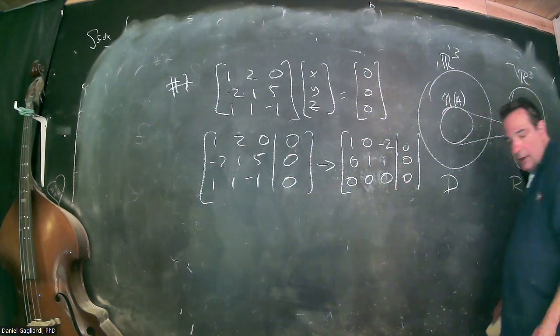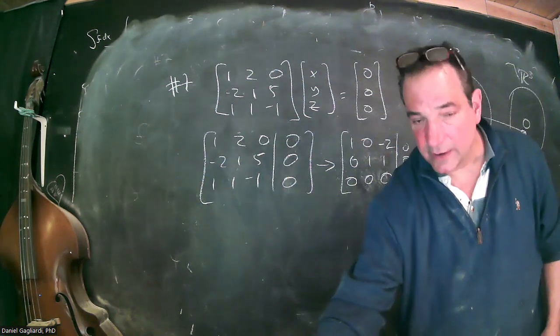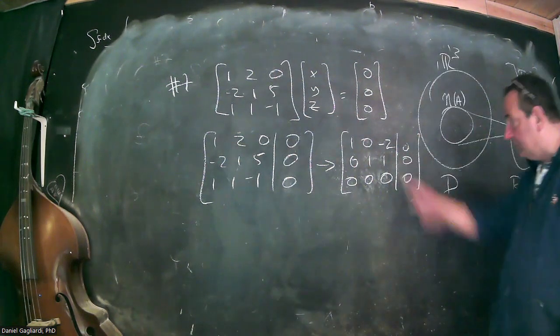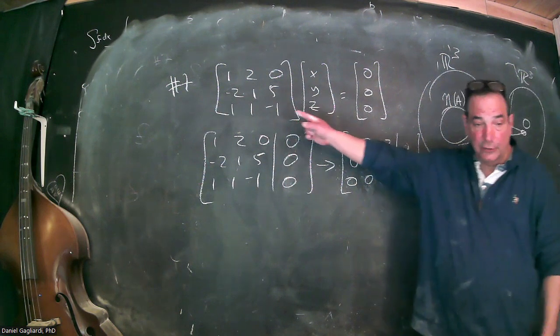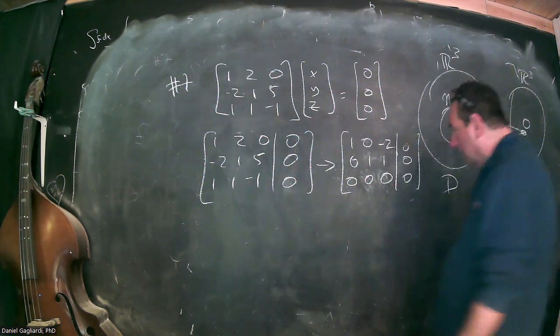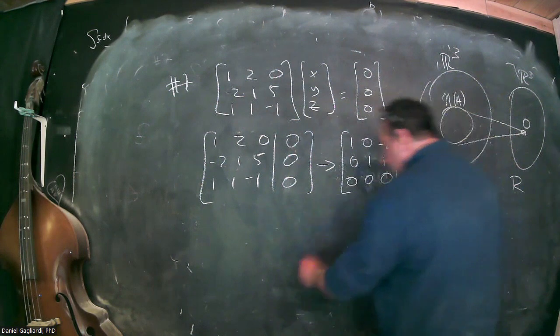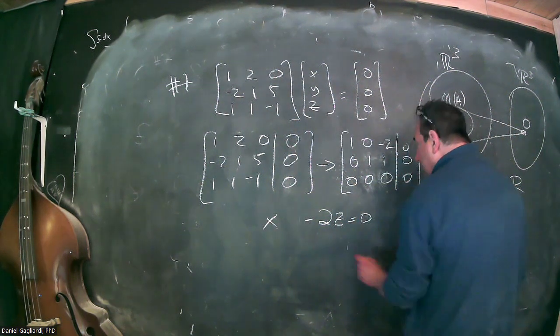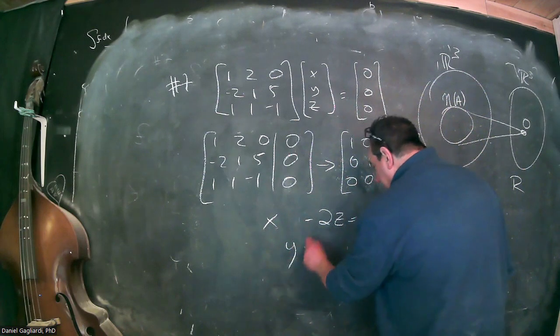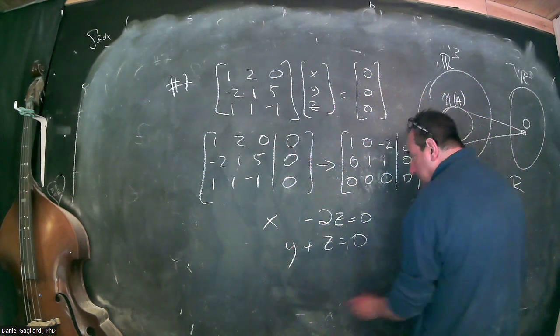Okay, so when we evaluate the null space, let's go back to the land of equations, where we never were, because we wrote our linear system initially in matrix form. So back in the land of equations, we have x minus 2z equals 0, and y plus z equals 0. All right?